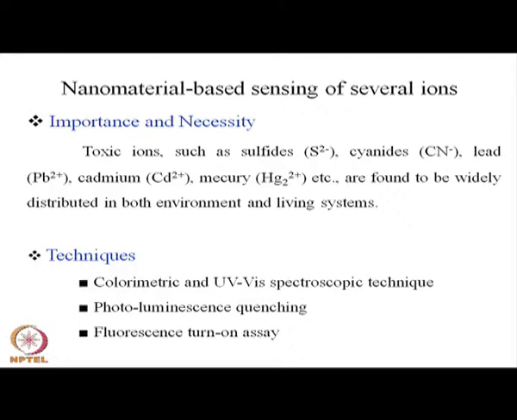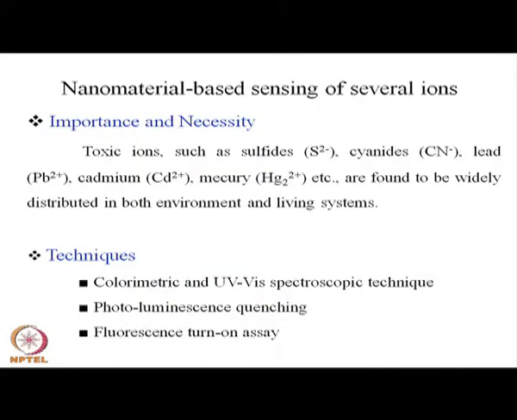These are catchy terminologies, but also interesting. In this case, suppose the fluorescence was quenched due to something. Now if you add some ion, then due to some interaction the cause of this quenching is lost, and as a result the fluorescence is turned on again. So quenching is lost, fluorescence is obtained back, and this is called fluorescence turn on.